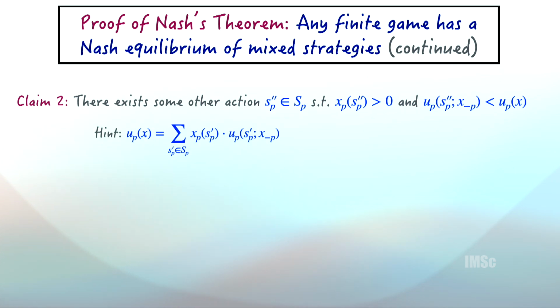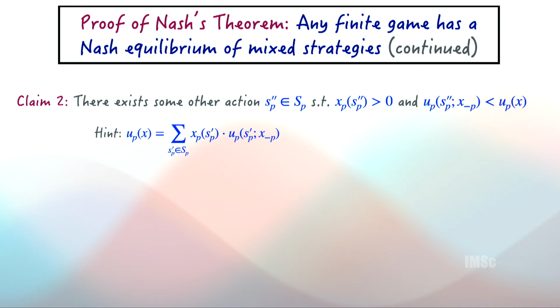There must be another term that brings that back, right? The existence of XP SP, which is positive, and the fact that UPSP x minus p is greater than UPX, says that for this equality to hold, there must be a term in the summation that brings that value back. The left hand side has to be equal to the right hand side. That is the reason why we have such an S prime P, such that this is less. Okay.